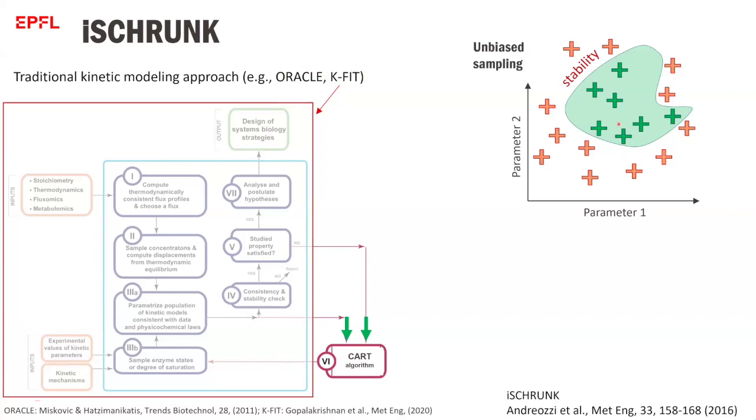This is a classification and regression tree algorithm. And what this algorithm does is approximate this green space with hyper-rectangles, which is really nice because it gives you ranges on the individual parameters that are satisfying your desired behavior.